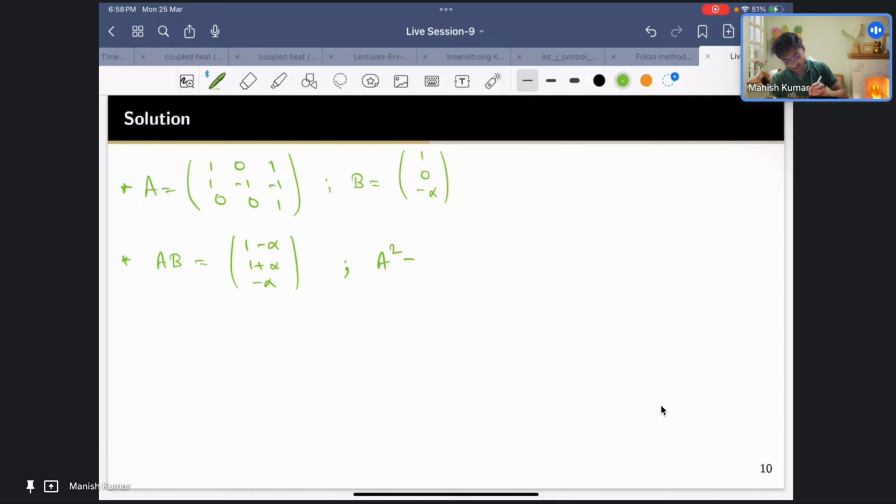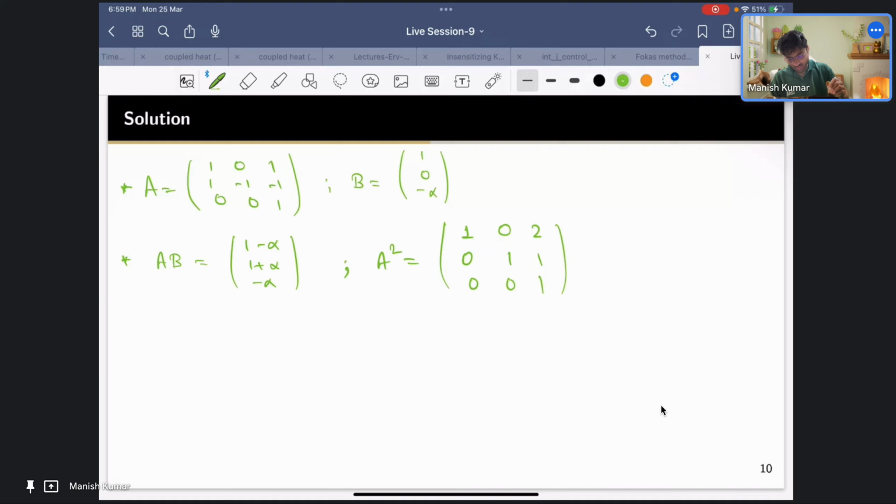Let us calculate what is A square. If we do it, it will be 0, 2, and then the second row with first column will give you 0, and then you will have 1, and then 1 1 2, so it will be 0 0 1.